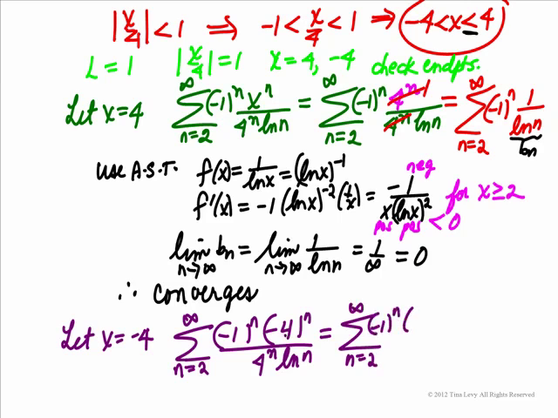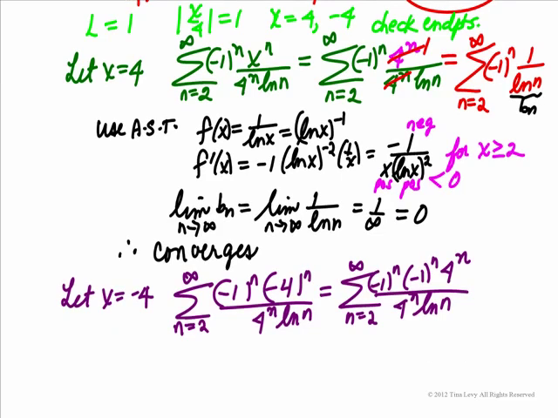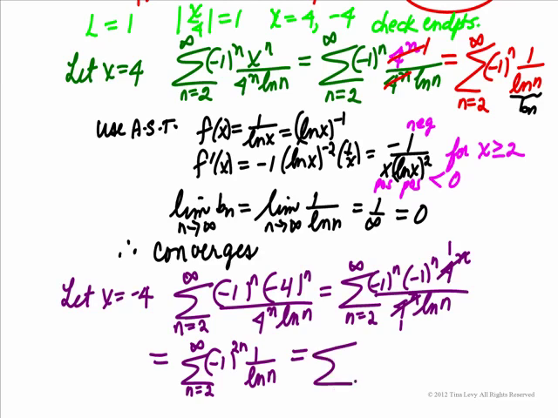Negative 4 is negative 1 times 4, so it's (-1)^n (-1)^n 4^n over 4^n log n. And so this becomes the series, n goes from 2 to infinity, (-1) to the even power 2n. The 4^n's will cancel, and I've got 1 over log n. So this is the series from 2 to infinity of 1 over log n.